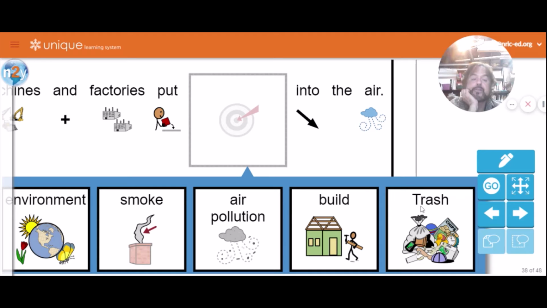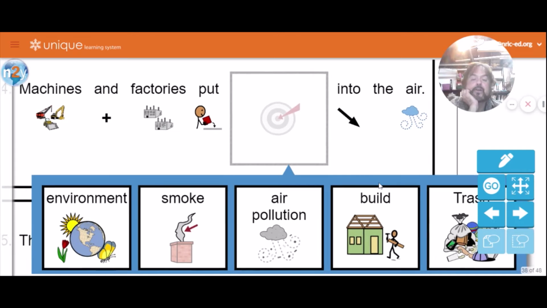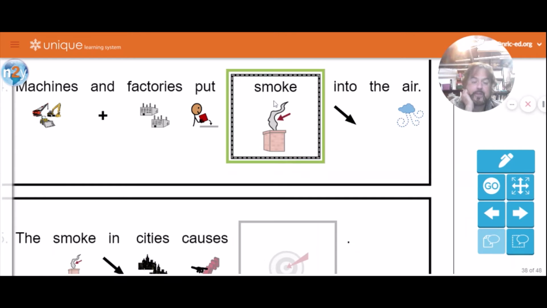They put trash into the air. What comes out of machines and factories? The tailpipes of machines, the smokestacks of factories. You guessed it, smoke. Machines and factories put smoke into the air. Not good.